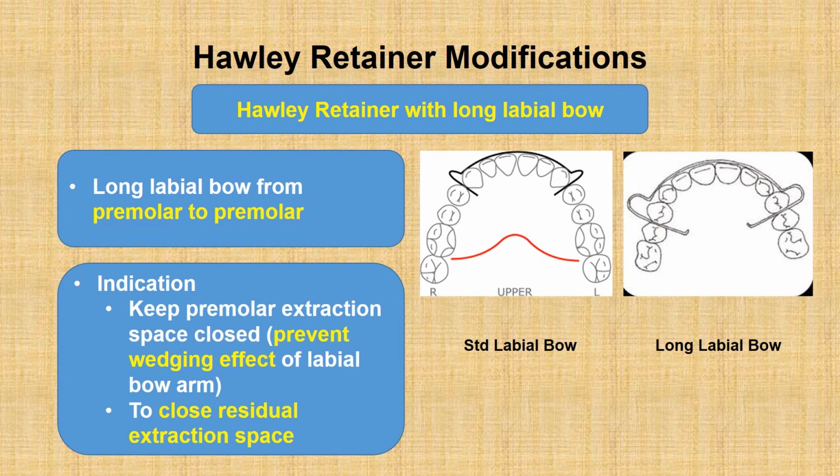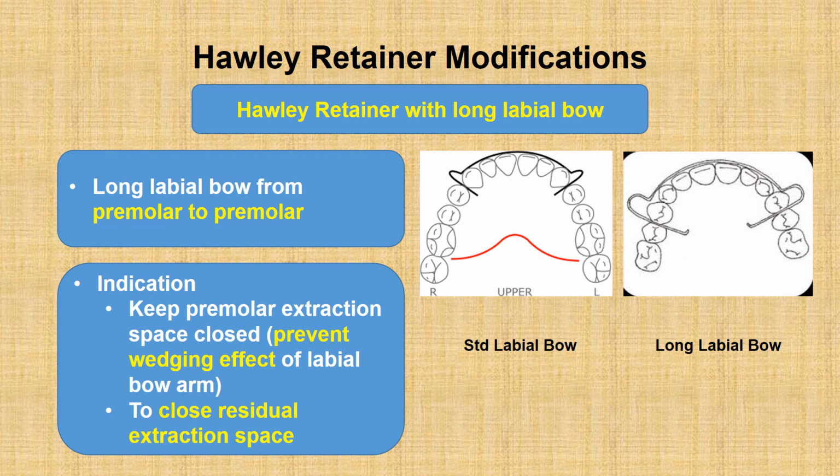Okay, the short labial bow of the Hawley retainer can also be replaced with a long labial bow. The long labial bow, compared to the standard or short labial bow, will extend from premolar to premolar. The indication is to keep premolar extraction spaces closed.